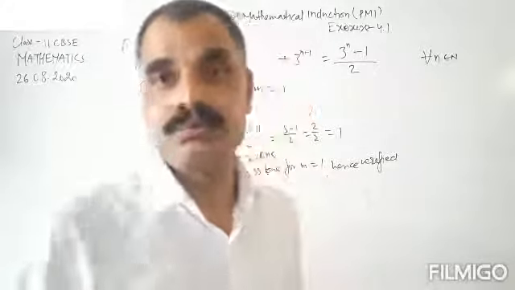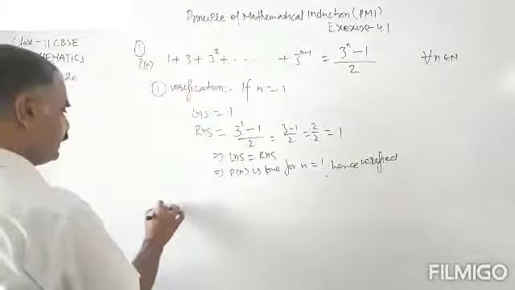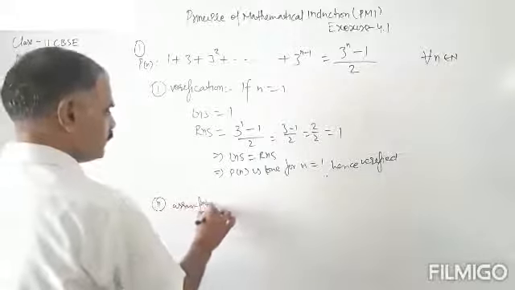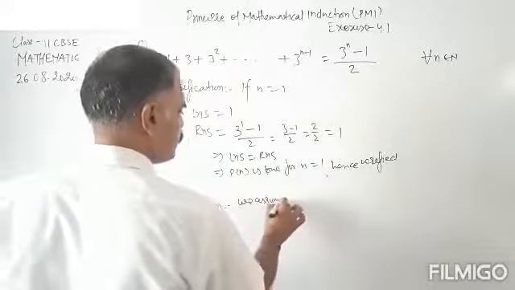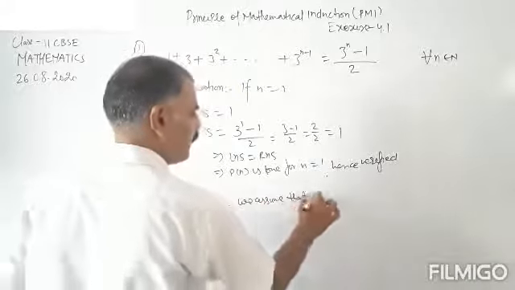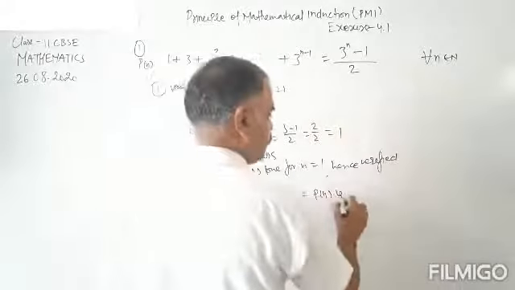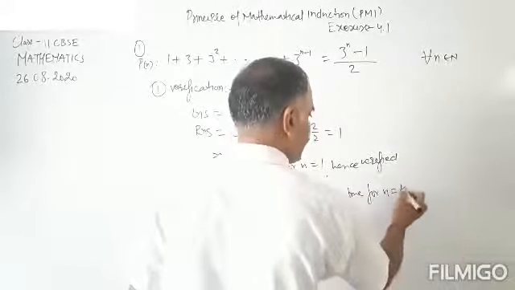Okay, now the second step is assumption. We will assume that Pn, meaning the given mathematical statement, is true for n equals k.